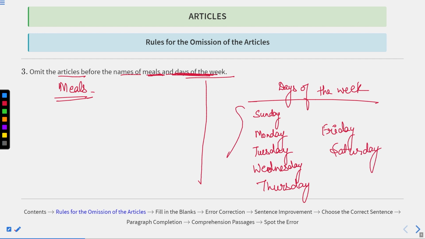I cannot use any article before the names of these days. I cannot say the Sunday, that is incorrect. I cannot say a Sunday, that is incorrect.